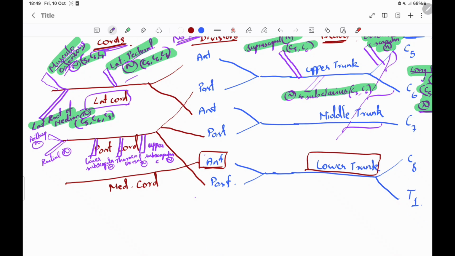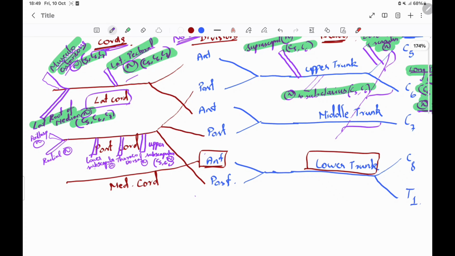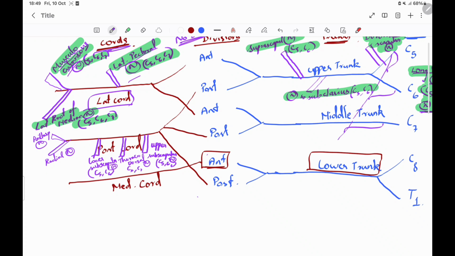The upper subscapular nerve has C5, C6. The lower has the same, C5, C6. The thoracodorsal nerve has C6, C7, C8. The axillary nerve has C5, C6.